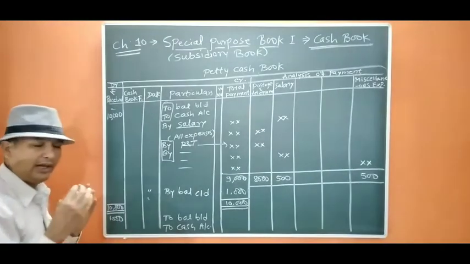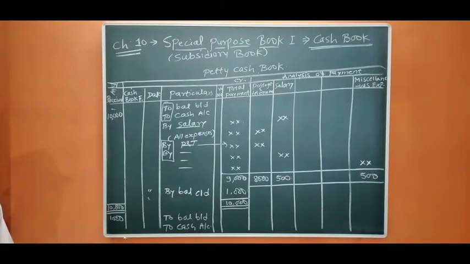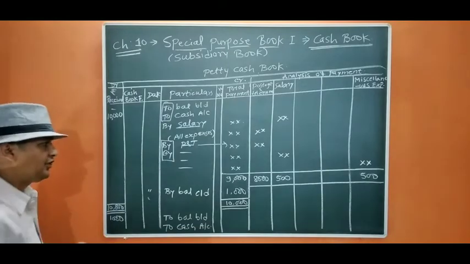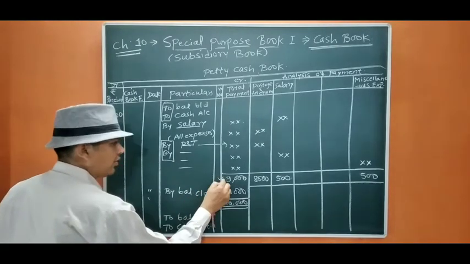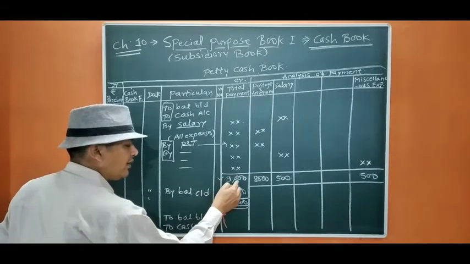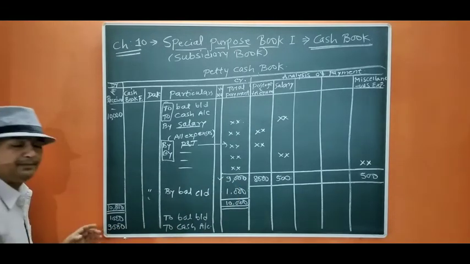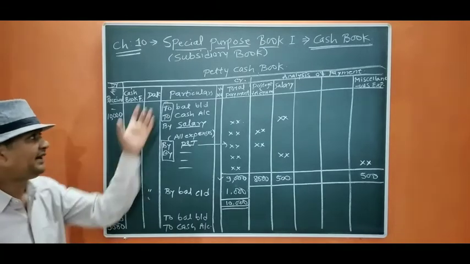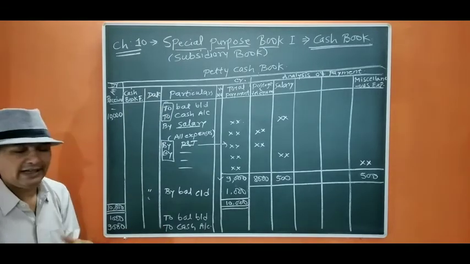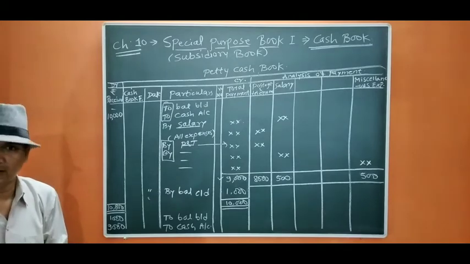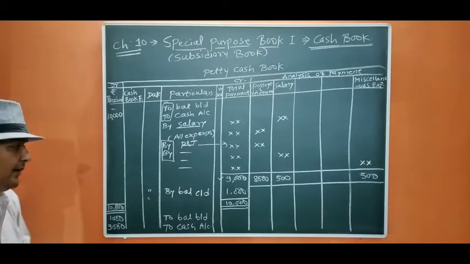As I have told you, I have explained to you the imprest system of petty cash. The last month's or last week's expenditure will be refunded or reimbursed by the main cashier to the petty cashier to do the expenses again in the next month or next week, whatever may be.